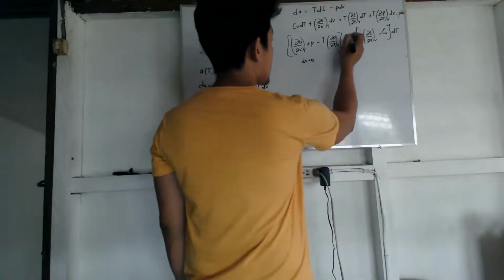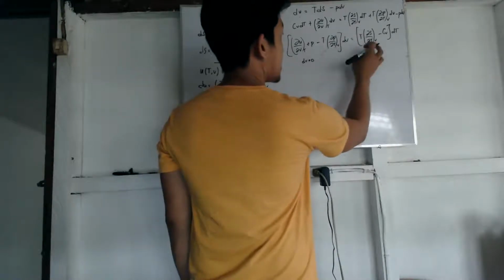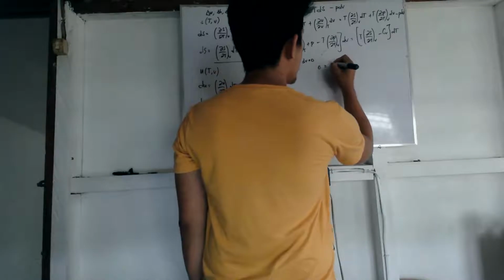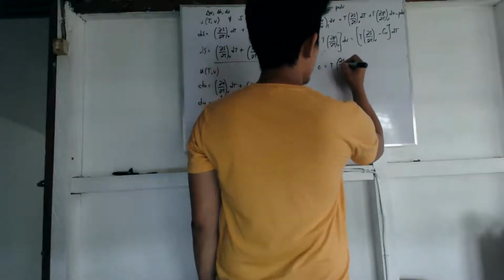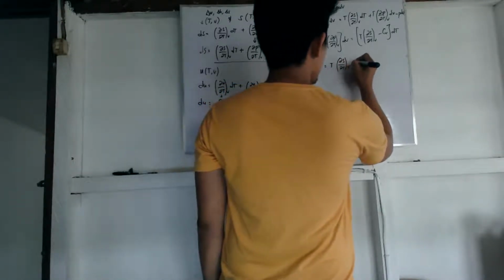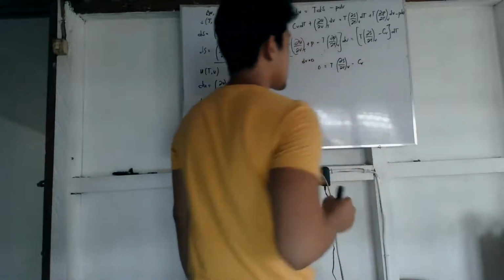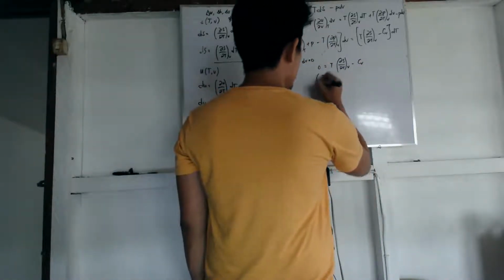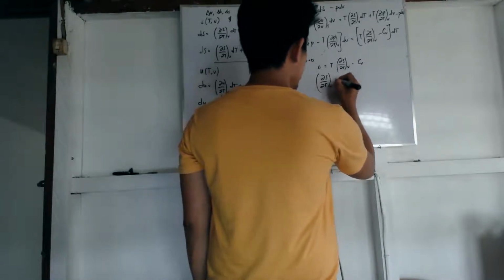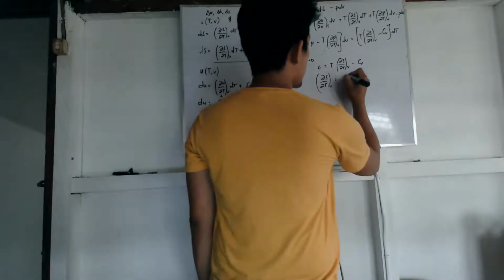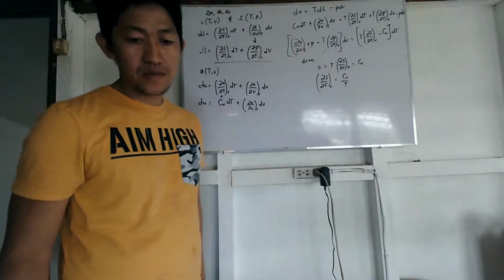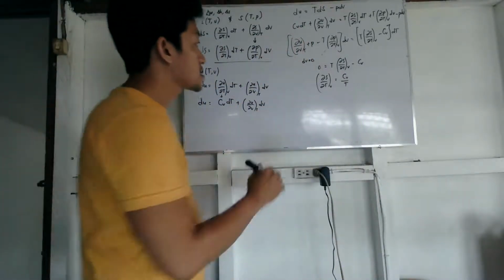So therefore, if 0 ni, what remains is 0 equals T partial of S minus Cv, or partial of S with respect to T is equal to Cv over T. So that is the first case.